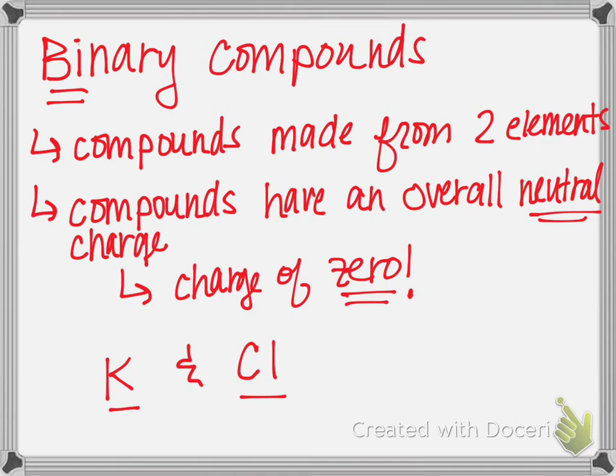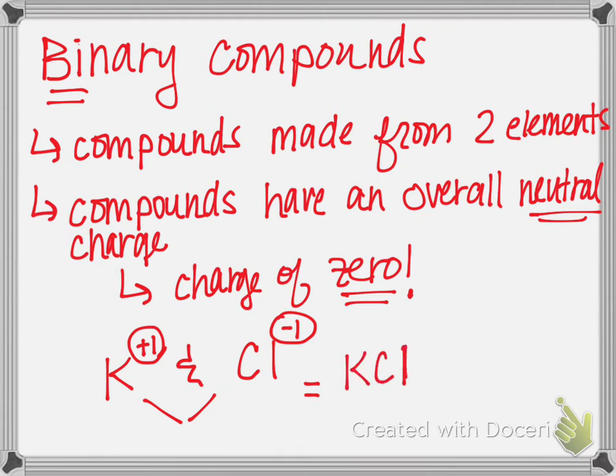So I look and find, what is the charge for each of these atoms? +1 and -1. So I have to look now, do these charges cancel each other out? +1, -1, that means they do, right? A +1 and a -1 cancel each other out, which means the formula is KCl, right? That is the formula of a binary compound between potassium and chlorine.